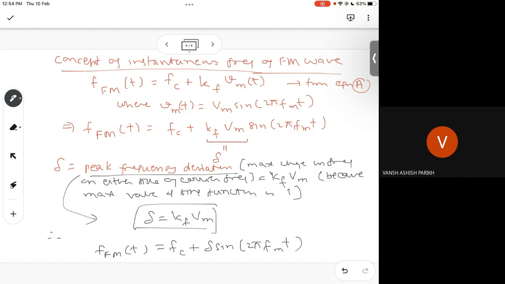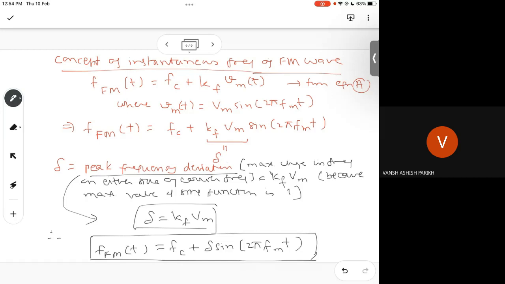So this is the expression of the frequency of the FM signal. My frequency is now changing as per fc plus delta sine 2 pi fm t, and delta is my deviation. It could be negative and all those things.